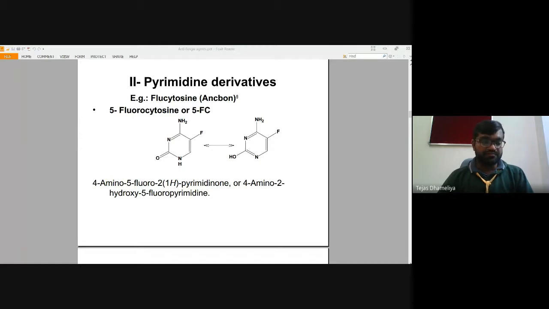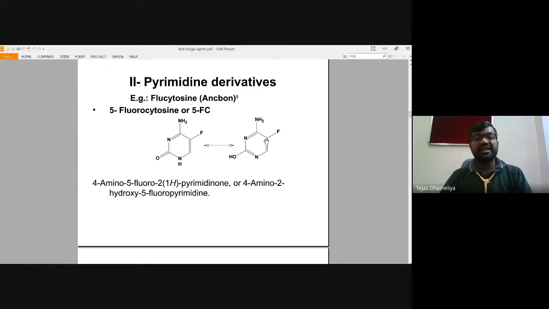It is used as an antifungal agent in combination with amphotericin B, because amphotericin B causes perforations in the cell wall of fungi, and 5-fluorocytosine easily enters the interior of the fungal cells.